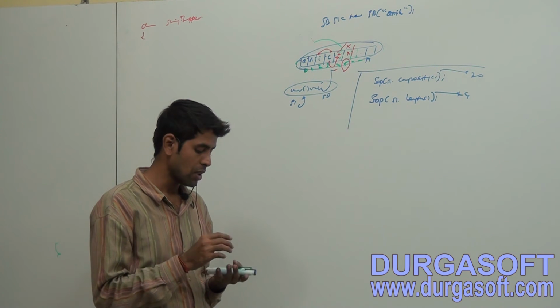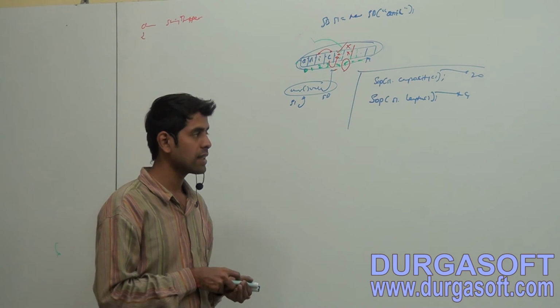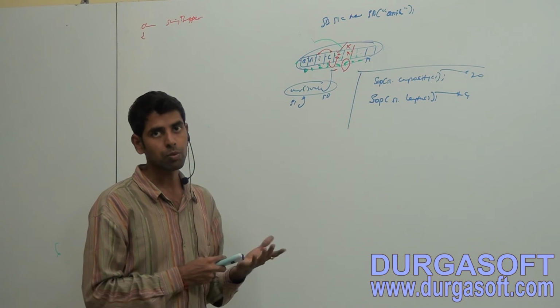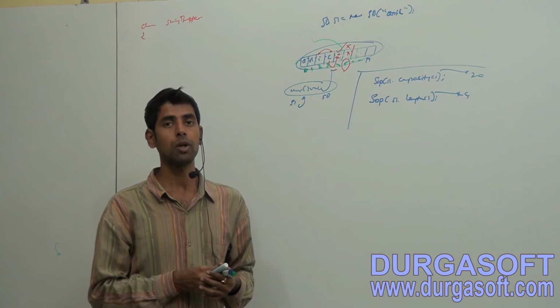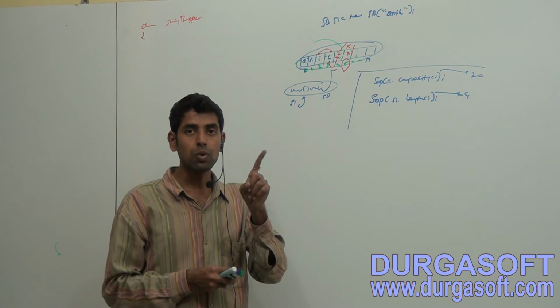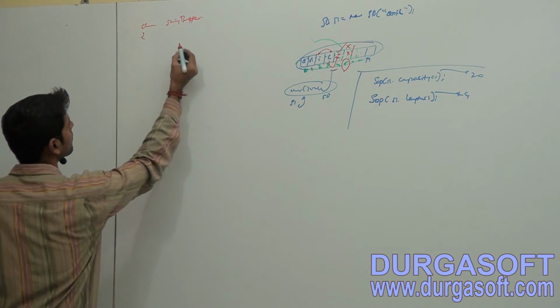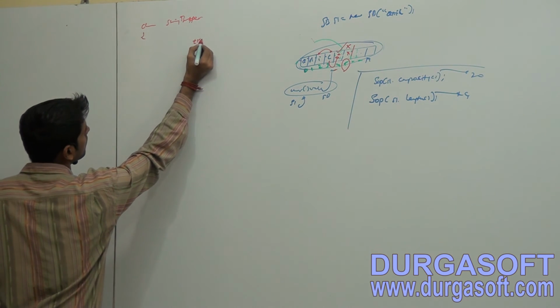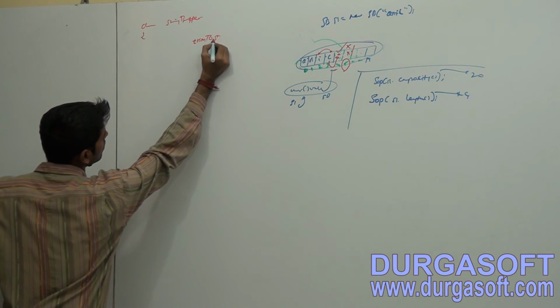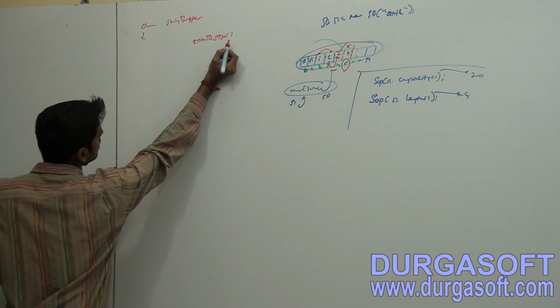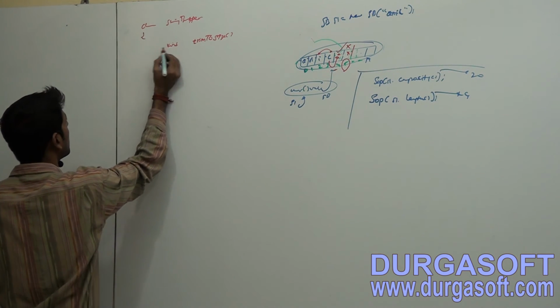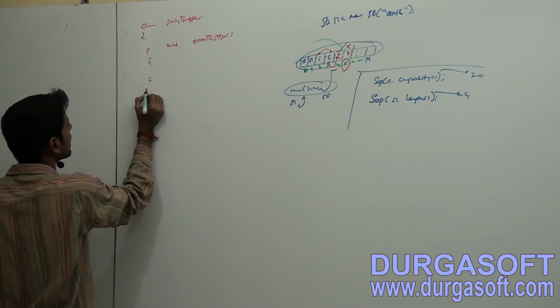Simple thing. In order to avoid that wastage of memory, you have to depend upon one method called trim to size method, which is a void, public method.